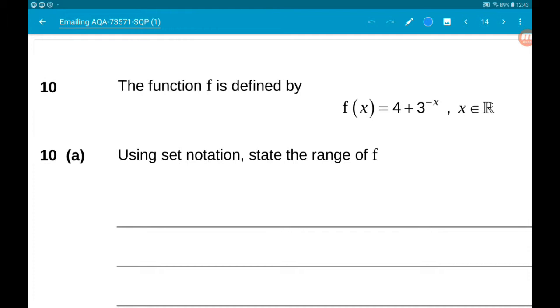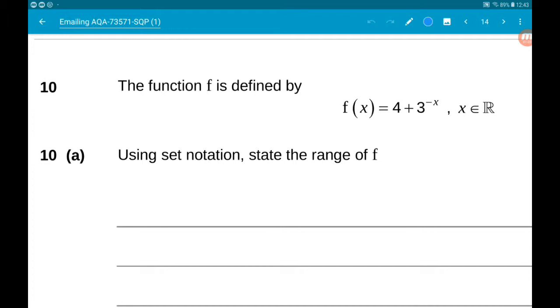The range is the values that the function can take for the given allowed values of x. So, let's think about what happens here. x can be any real number from minus infinity to positive infinity. Let's think about what's going to happen to that 3 to the minus x term.